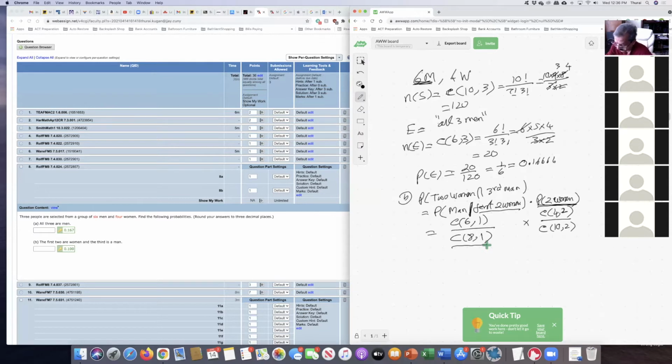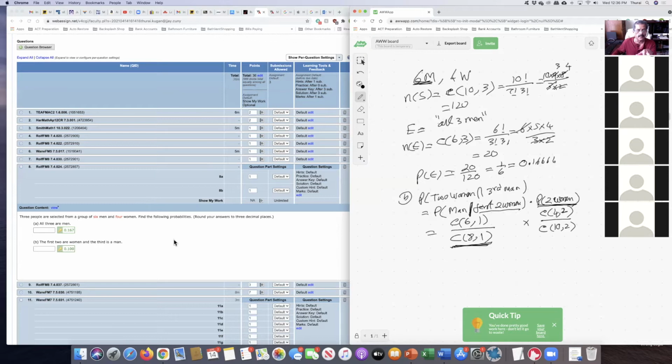So the number of ways of selecting 1 person from all 8 would be the sample space in this case. And C6, 1 is the number of ways to get 1 man, since there are 6 men. So simplify that to get the answer.